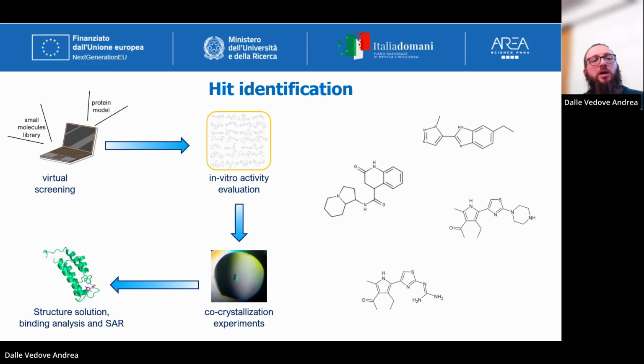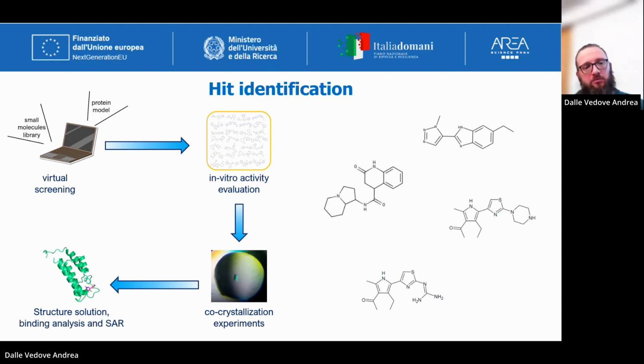So you start, of course, with a virtual screening of libraries where you screen hundreds of thousands of compounds containing the warhead I was speaking of. Then, after scoring the molecules, you test in vitro if they actually work on your protein. Try to get the crystal, analyze all the crystals of the complex to understand which are the interactions that are best performing, which interactions you don't want in your molecule.